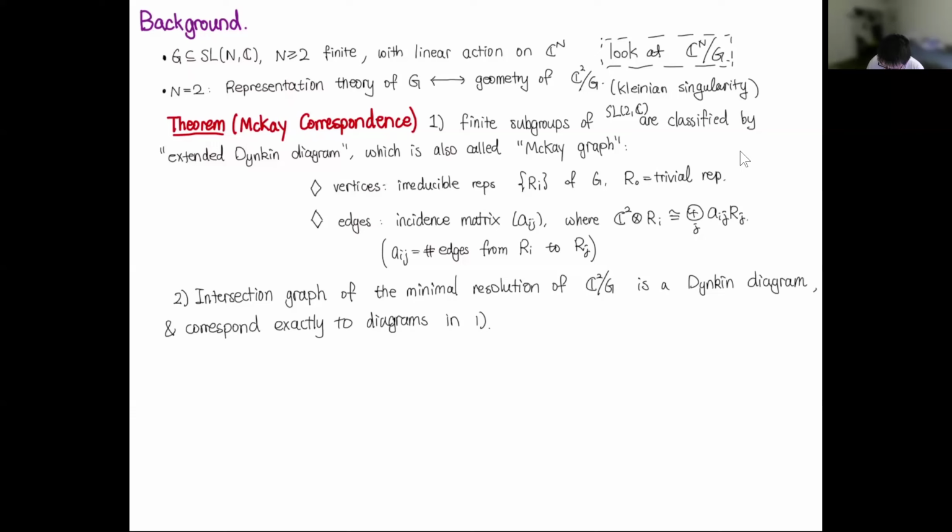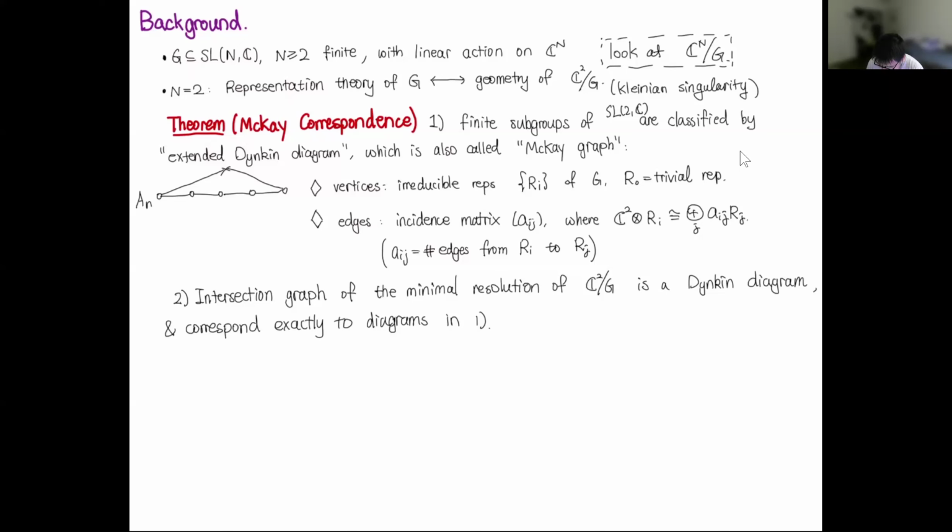Extended Dynkin diagrams are just Dynkin diagrams with an augmentation, so you will see the Dynkin diagrams are of this form. For instance, this is like an A_n, and you introduce a further node at the top, and then you connect the first vertex and the last vertex.